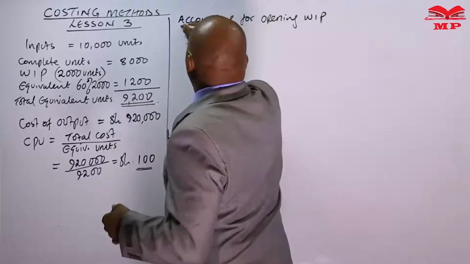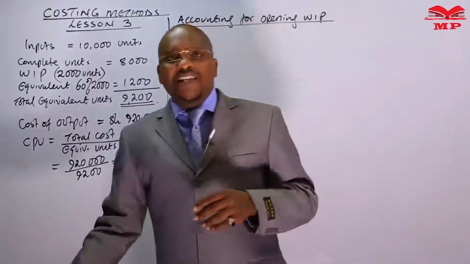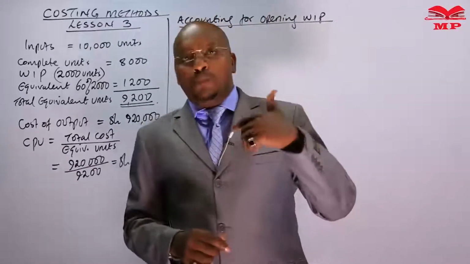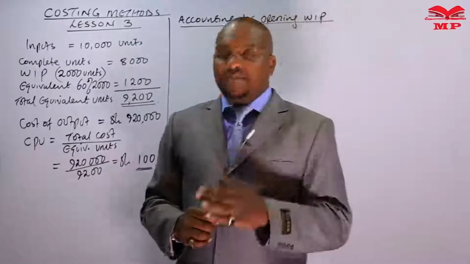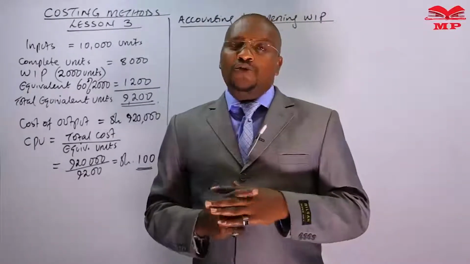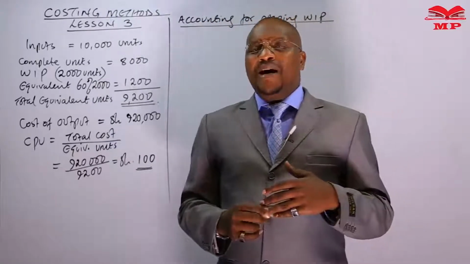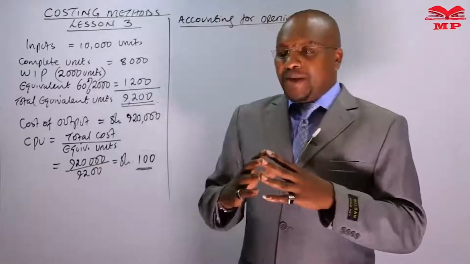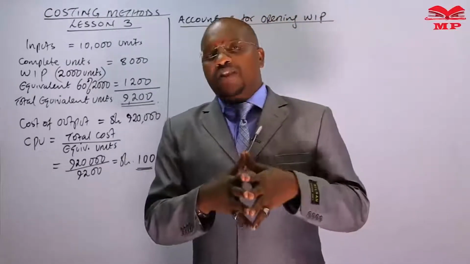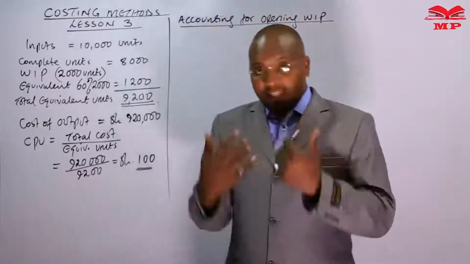Accounting for opening work in progress. Now that tells you it is units in the same process that were not completed previously, and now this time we meet them. So the question is, how do we regard these units? Do we regard them as specific units with identity, or do we mix them with the other units that we are bringing on board fresh this period?